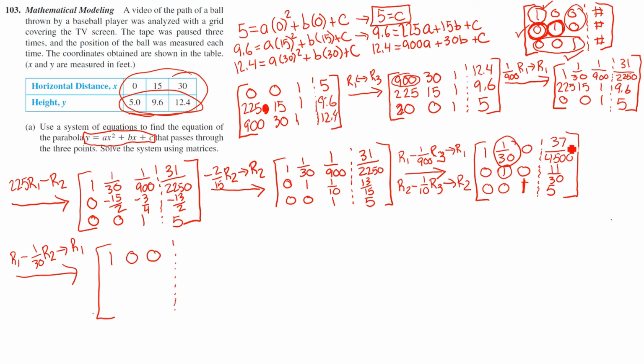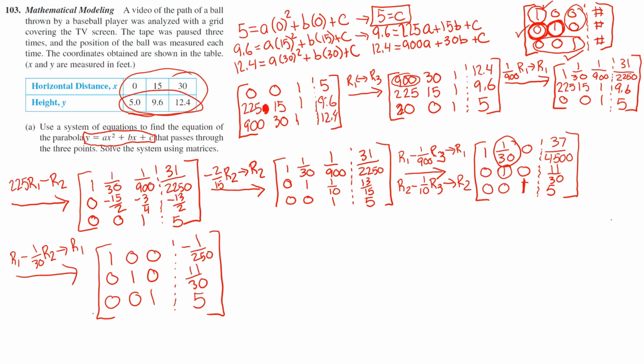Then we'll do 37 over 4500 minus 11 over 30 times 1 over 30. And we'll end up with negative 1 over 250. We have 0, 1, 0, 11 over 30. 0, 0, 1, 5.